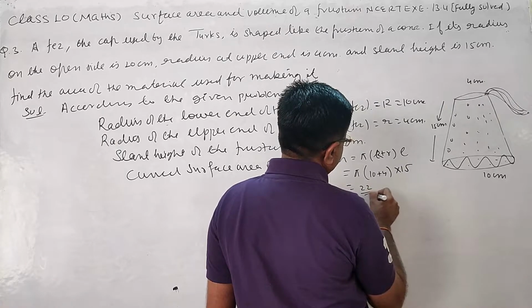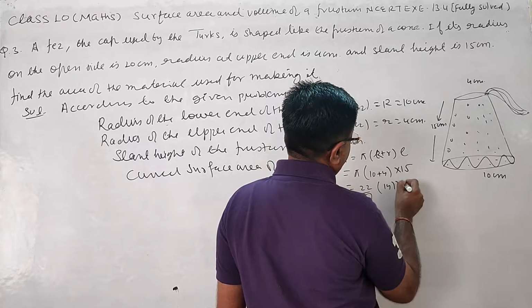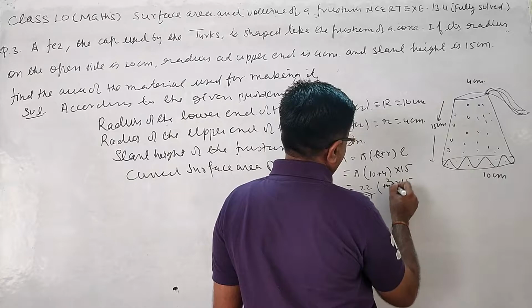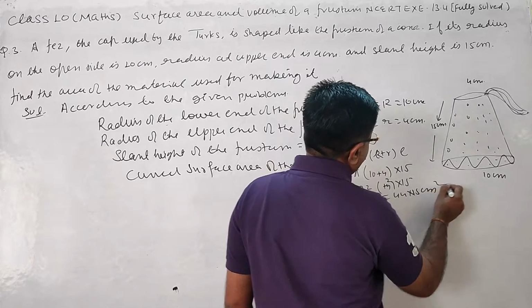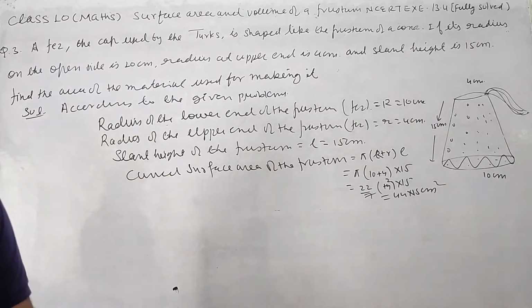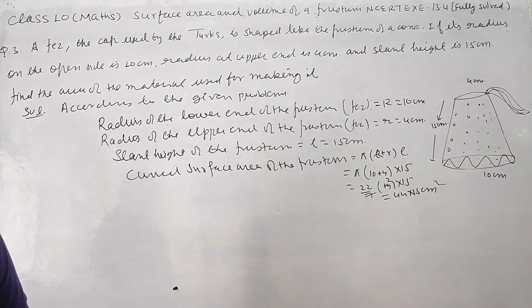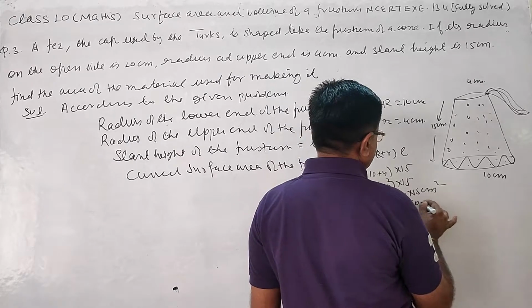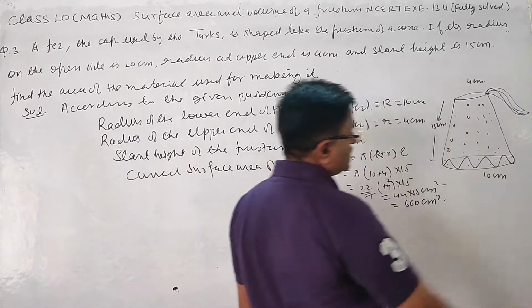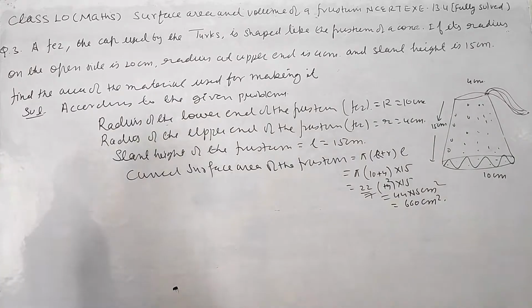So 22 by 7, 14 into 15. So divide by 2, so 44 into 15 centimeter square. Right? So this is 44 into 15, 660 centimeter square. So this is the curved surface area of the frustum.